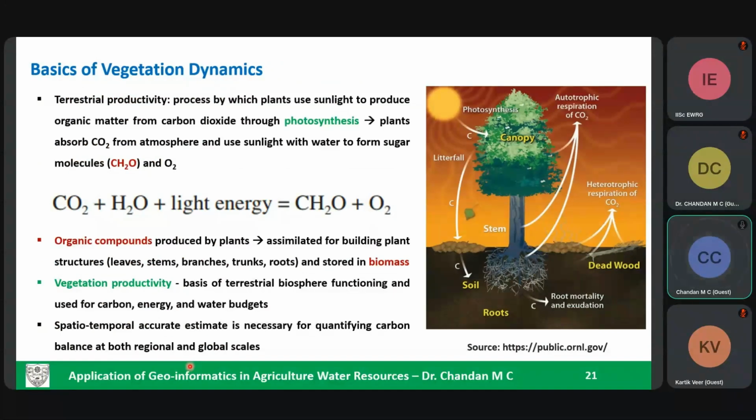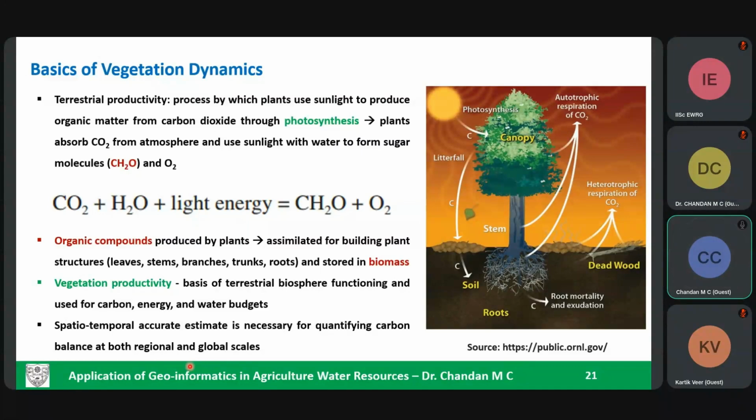Then I'm now taking you to the basics of vegetation dynamics to understand the crop water requirement and the evapotranspiration. So when we look at a plant, it has its own structure. It is doing photosynthesis, where it requires sunlight, carbon dioxide and water, and it is giving out organic compounds.